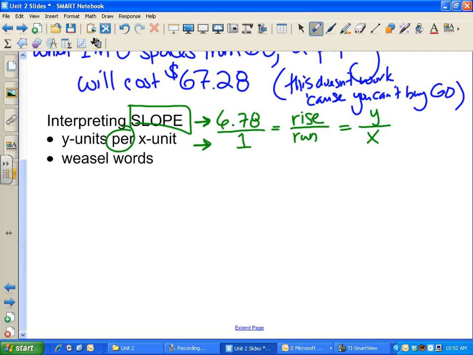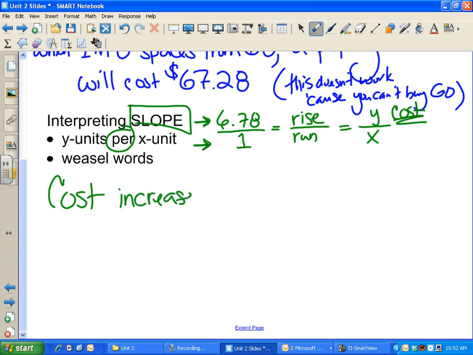Of course, I need to somehow say that in context. So 6.78 is my y. Remember, y is my cost. So cost, I could say changes 6.78, but I want to be more specific. It's a positive number, so that means it's increasing.